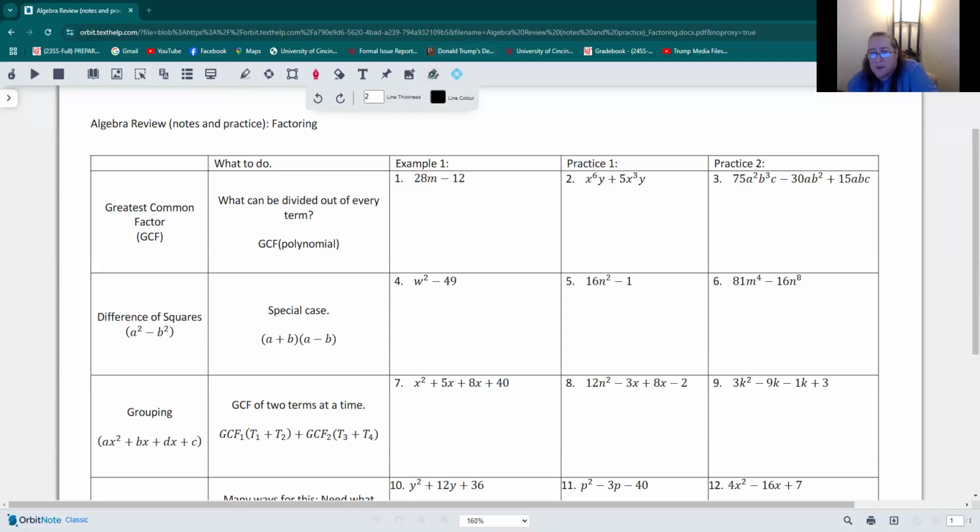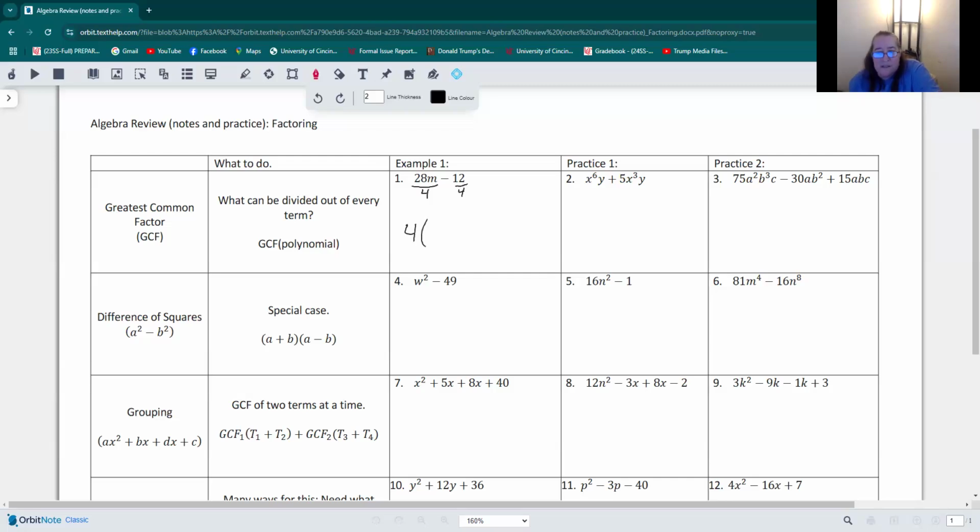All right, so if I know 28 and 12, I could list the factors if I needed to, but I know that 4 goes into both of these. So I could divide by 4, divide by 4. Then the GCF is this 4 that I'm dividing out. So I write my answer is 4.